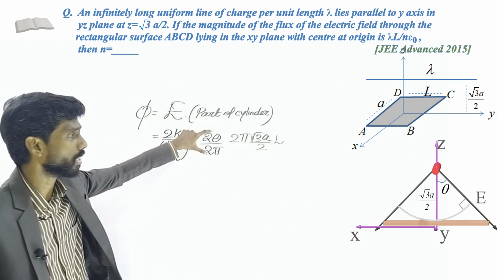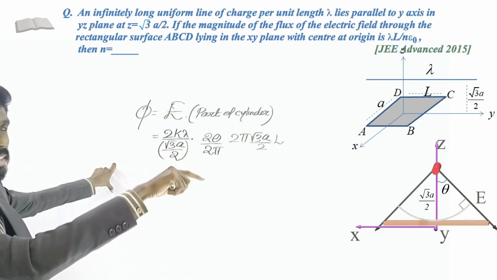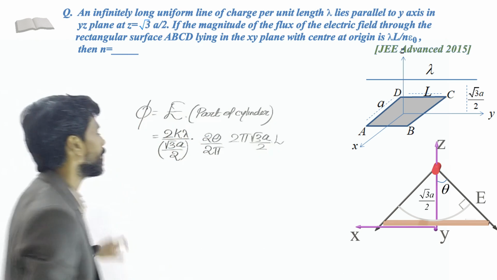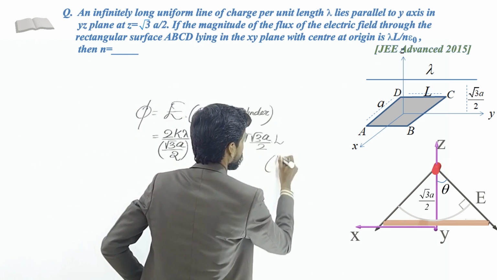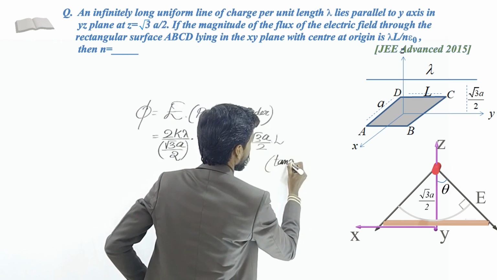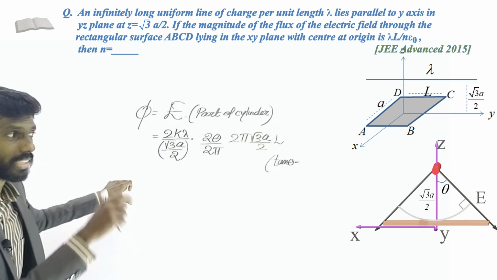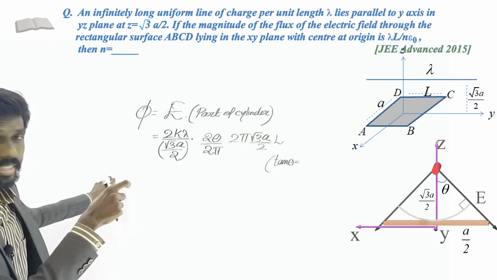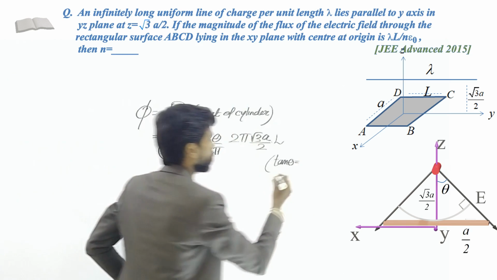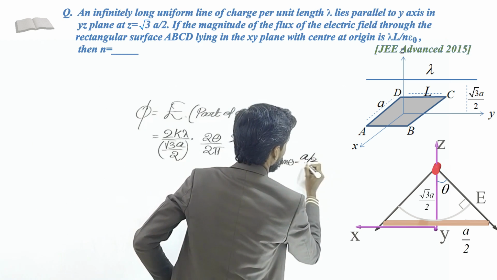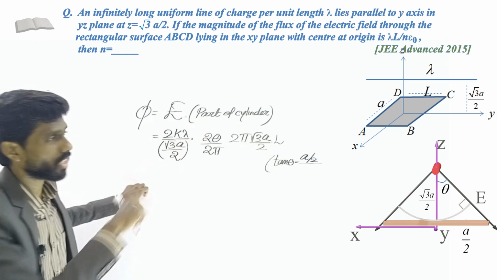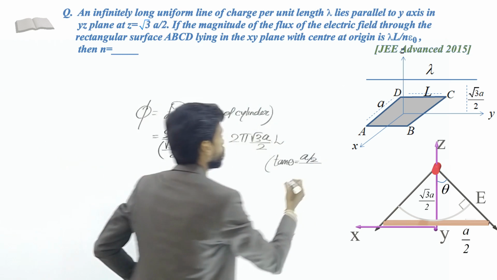But how to find the angle theta? It's a right angle triangle, right? In that right angle triangle, let us find the value of tan theta. Tan theta is the opposite side divided by the adjacent side. The opposite side is half of the breadth. The total breadth is a, so half of that is a by 2, divided by the adjacent side, which is root 3a by 2.